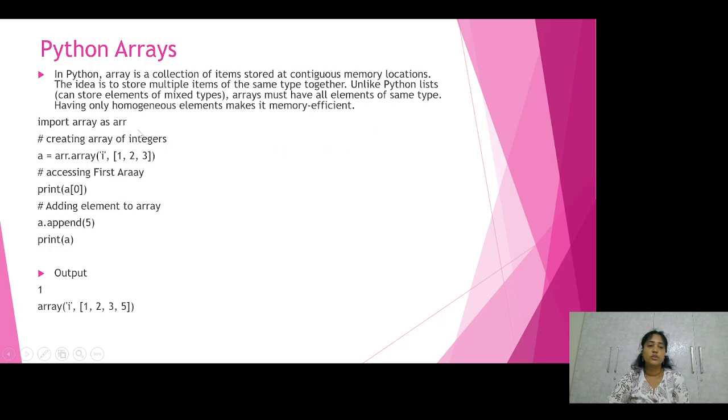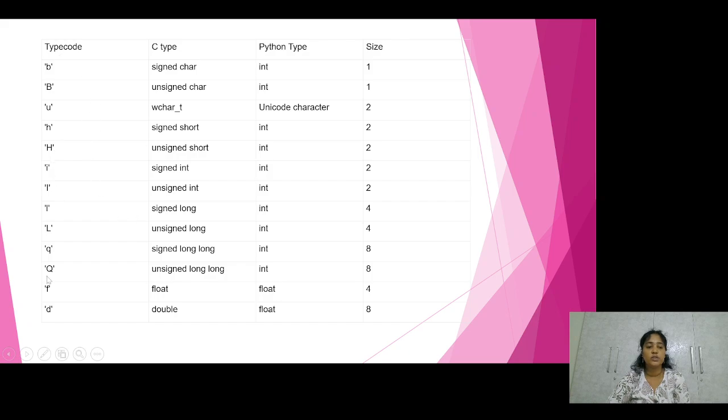So how to use it? First you have to import the array module, with the alias name arr that I have given. How to create? You have to call arr.array on the object. This is how we create an array of integers, where I is one of the different type codes.